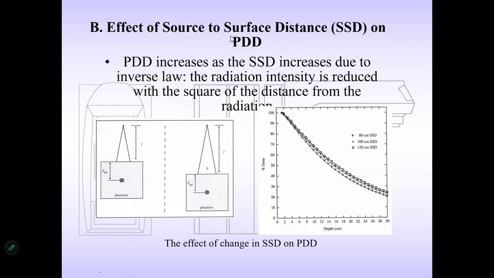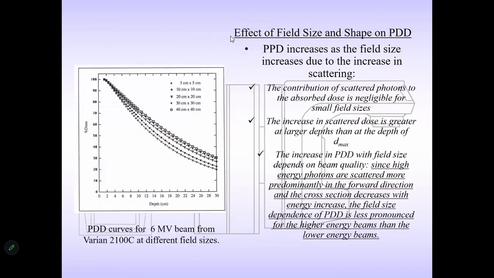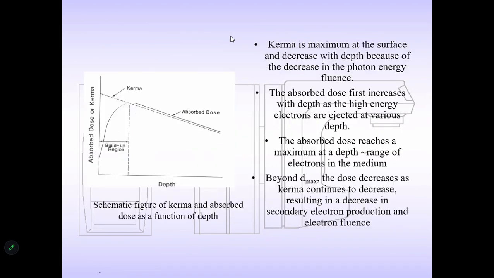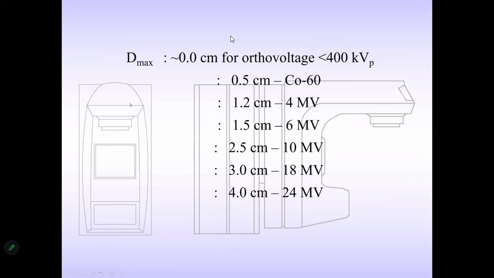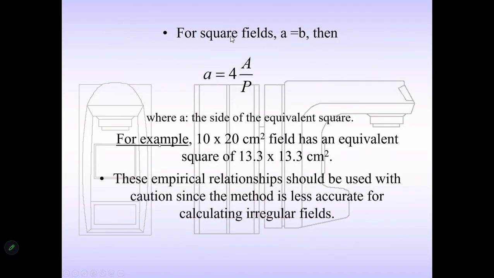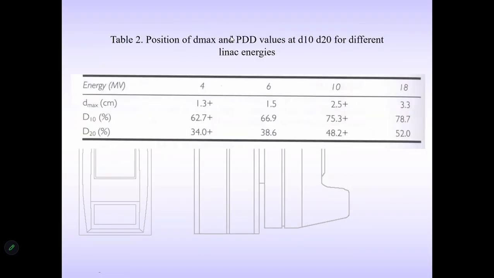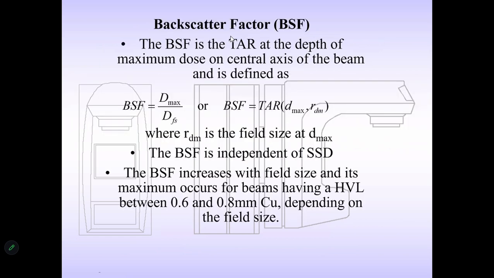In other words, I could be putting my ion chamber at this depth, but specifying my machine calibration at this depth. We do it at a depth of 10, and we specify at the other depth. So how do we do that? We do a correction.